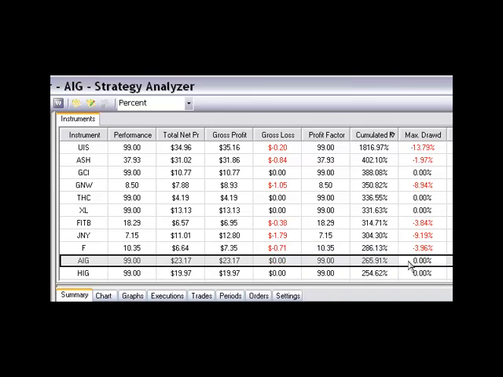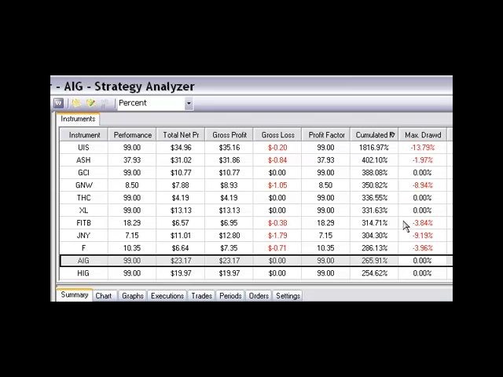But with the AIG stock, it did not have a single percentage of drawdown. That's because we had two total trades. Both of them were successful. So it never went against us in a trade. Ford, however, had a 3.9%, almost 4% drawdown. And we had 6 trades, and 3 of the 6, or 50% of them, were winners.